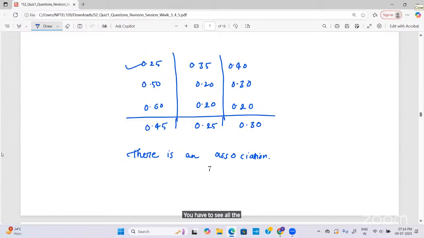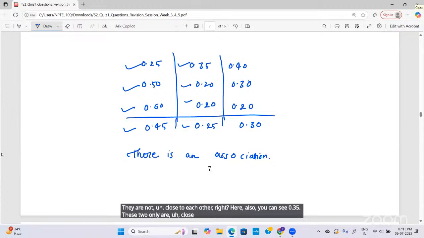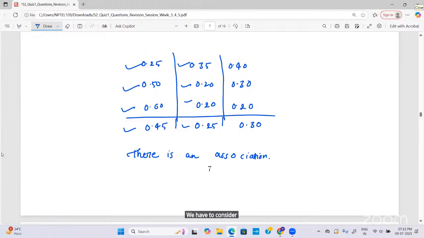So you can see 0.25, 0.50, 0.60. They are not close to each other, right? Here also you can see 0.35. These two only are close, but look at the other values. We have to consider the whole data. If all are close to each other, then only we can say that there is no association.